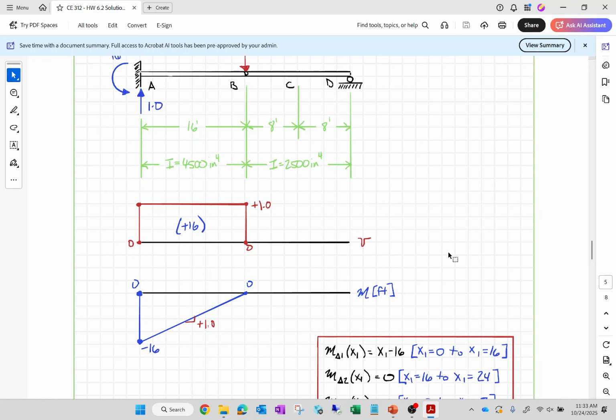So how many moment functions did we have? We had 3, right? This one was that. Is everybody okay with that? Those were the moment functions.